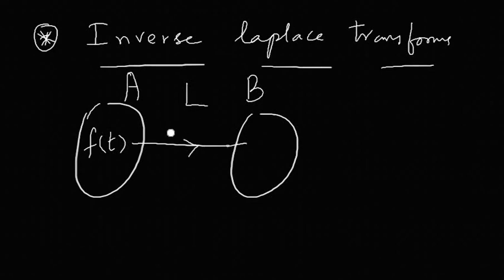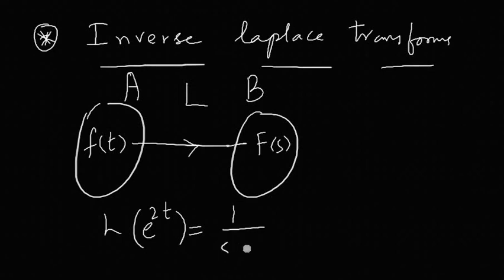Transform is also used in place of function. It's a synonym, we're not going into much rigorous detail of this. L of f of t is some f of s. How will this L work? It will take a function of t. For example, L of e to the power of 2t is equal to 1 by s minus 2. I'm calling this f of t and this f of s.